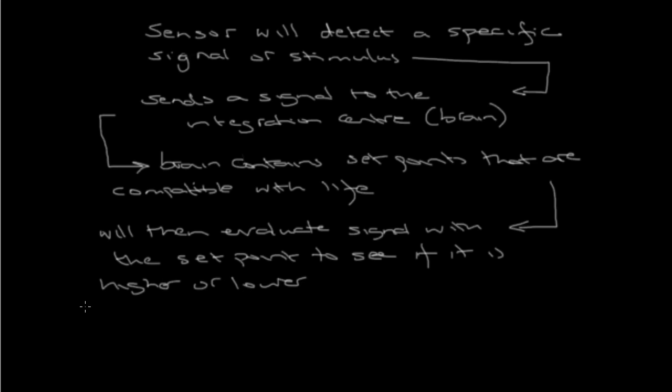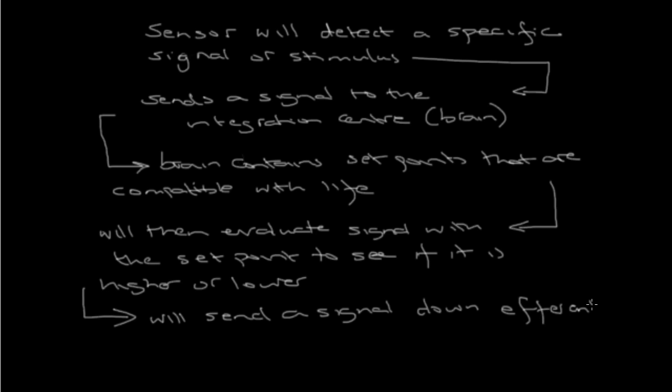If it is higher or lower than the set point, then the brain will send a signal down the efferent pathway which will stimulate a response.